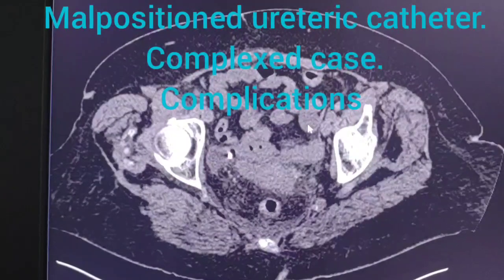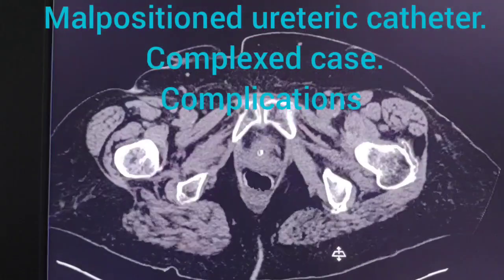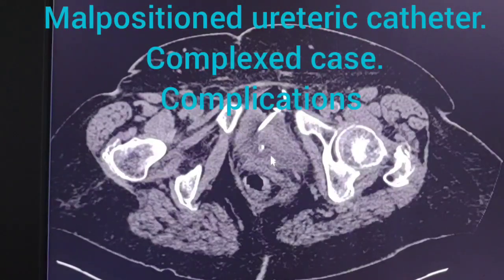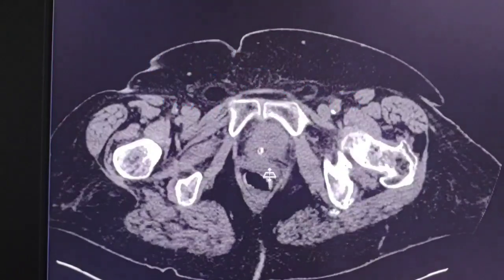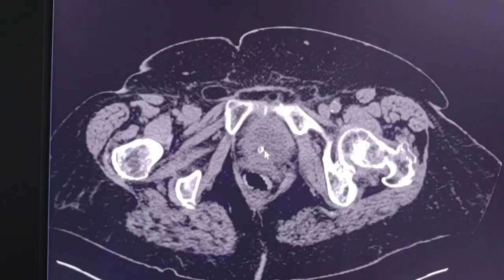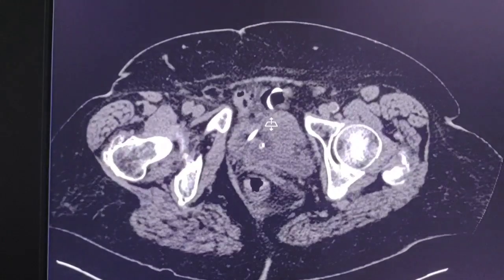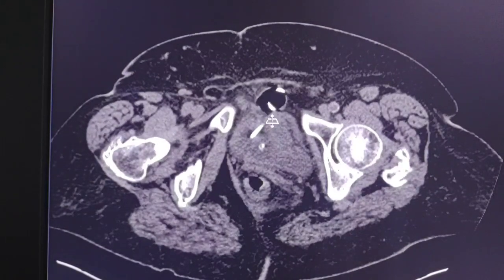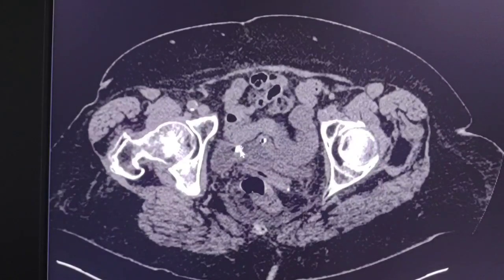This is a case of a urinary bladder malignancy, which is not depicted well in this CT scan. However, it is known, and the urinary bladder is catheterized, and there is a right-sided ureteric catheter.